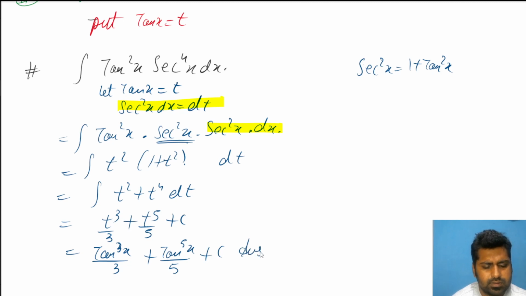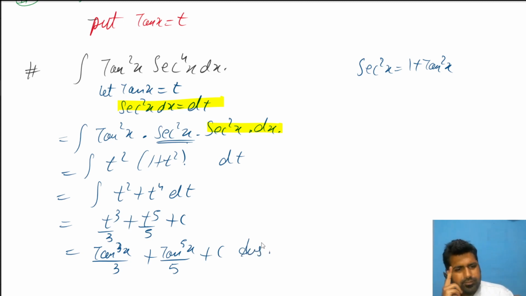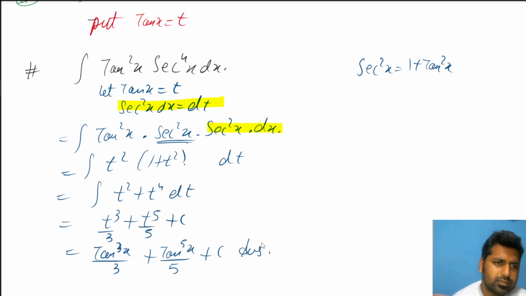That's the answer. This is how you are going to do. If you take tan x as t, you need sec square x. So in order to get the sec square x, separate the sec square part and the remaining part can be reconstructed in the form of 1 plus tan square or 1 plus t square accordingly.